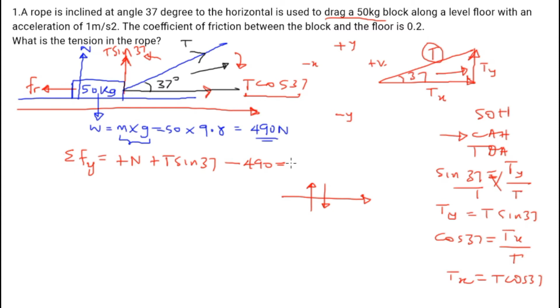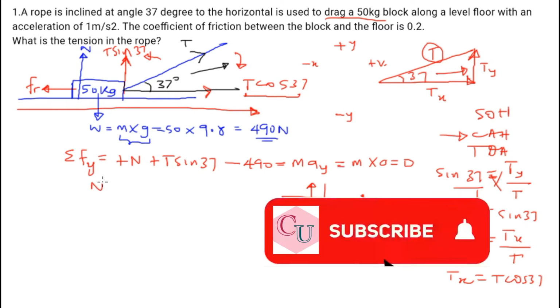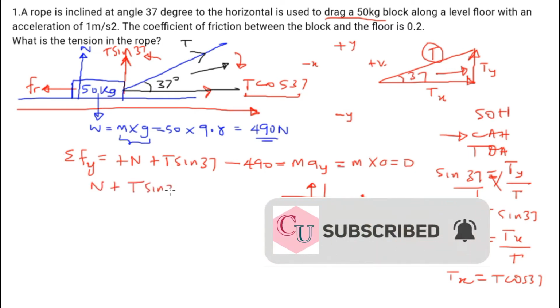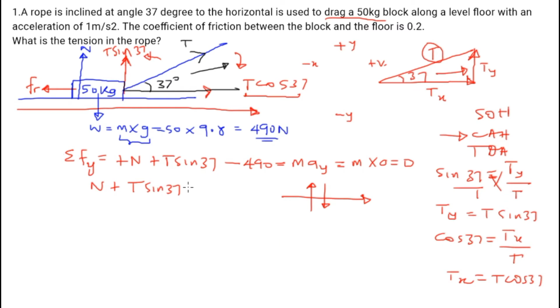Actually, the net force is supposed to be equal to ma, but because acceleration is 0, the product of the mass and the acceleration will still be equal to 0. So it implies that N plus T sine of 37 degrees minus 490 is equal to 0. Let's say this is equation 1.